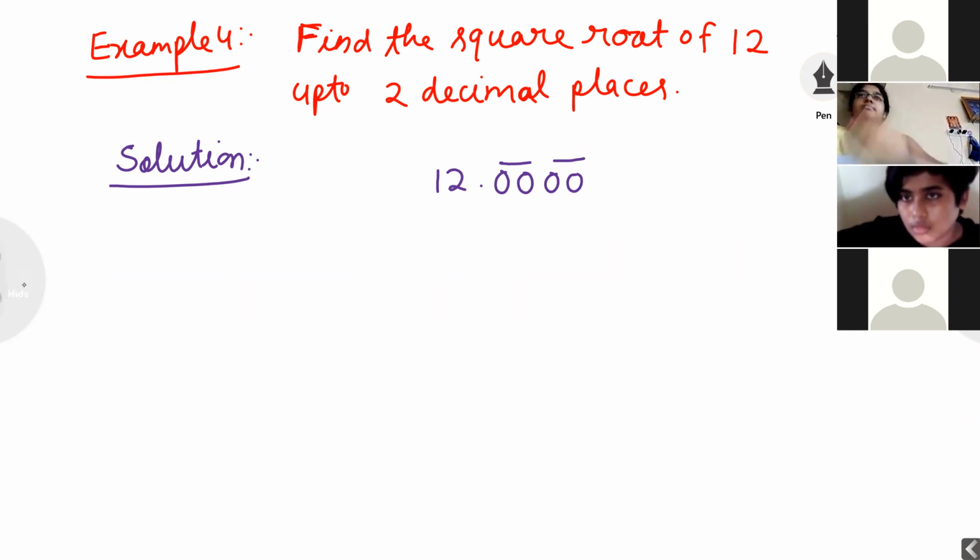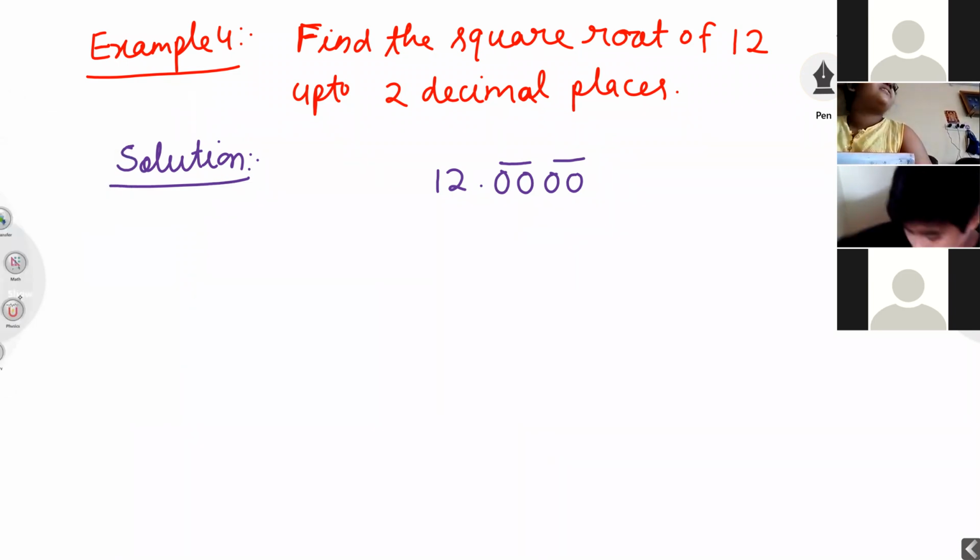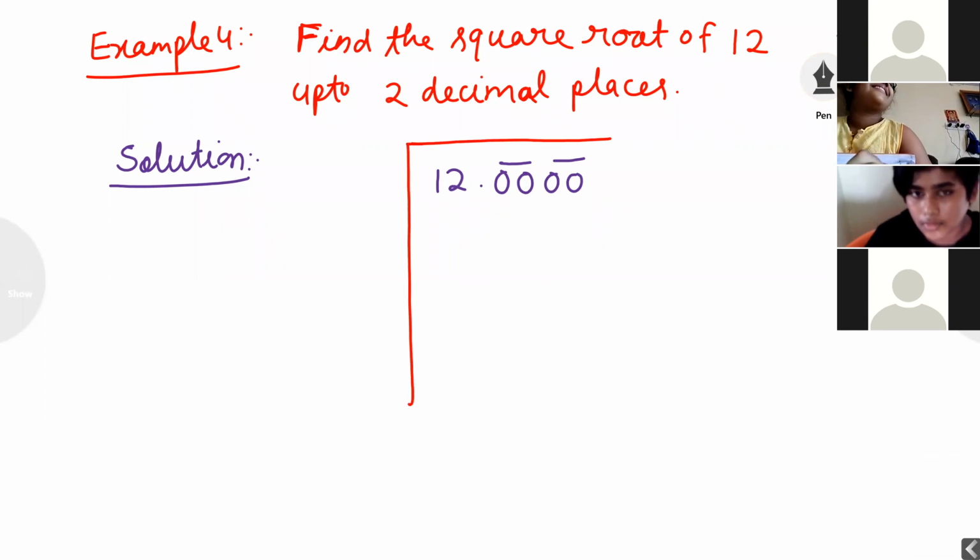Now, how to find? Concentrate here. Before the decimal, 2 pair, right? Yes. Now, which squared number will I take? That number will be less than or equal to? Yes.